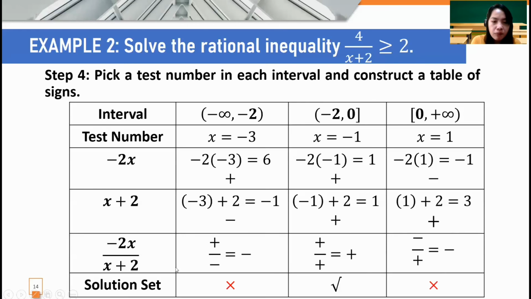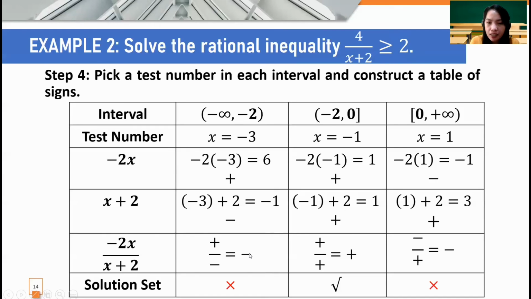Now, if we want to determine the solution set, we'll be going back to the given rational inequality. In our new rational inequality, that is negative 2x all over x plus 2 greater than or equal to 0. So we have to take note of the sign, greater than or equal to 0. We go back to the new inequality. Which numbers are greater than or equal to 0?